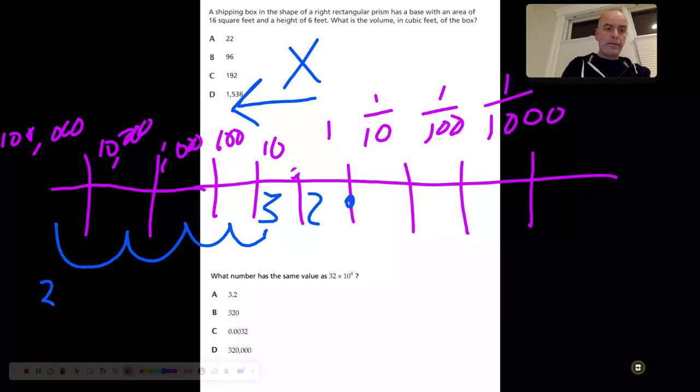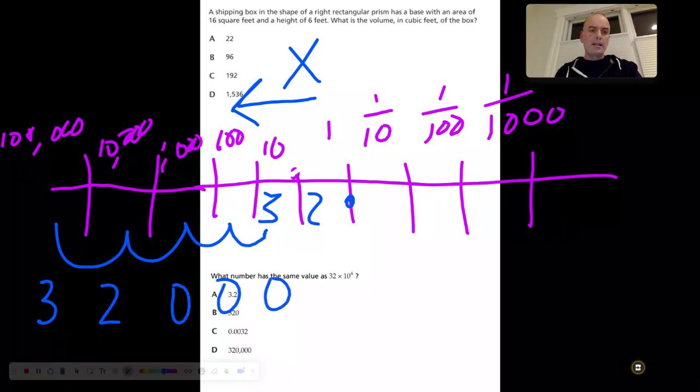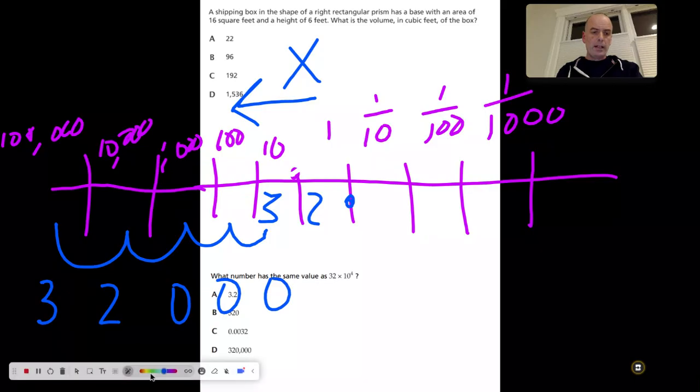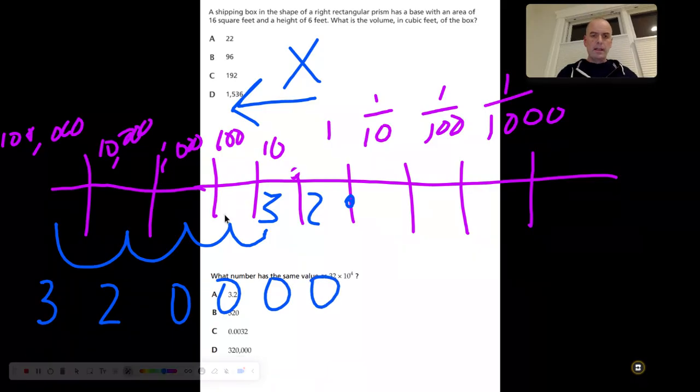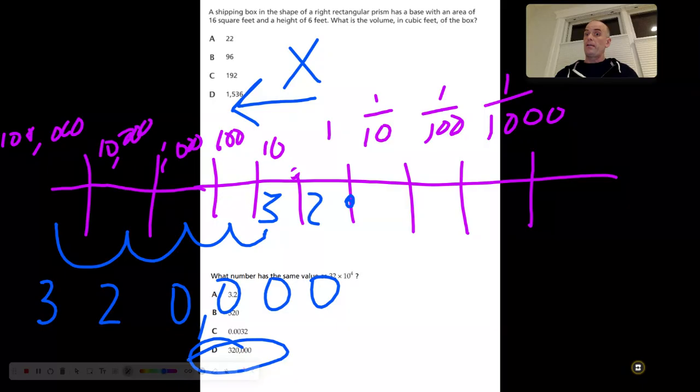And I drop it off there. Okay. And so 32, and then I fill in zeros the rest of the way. So 32 times 10 to the 4th equals 320,000. And I can see on here that that is letter D. All right, there we go. We're done with Monday. I'll see you on Tuesday.